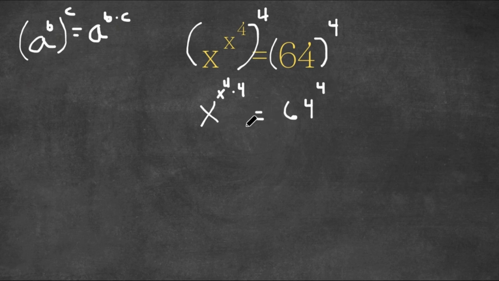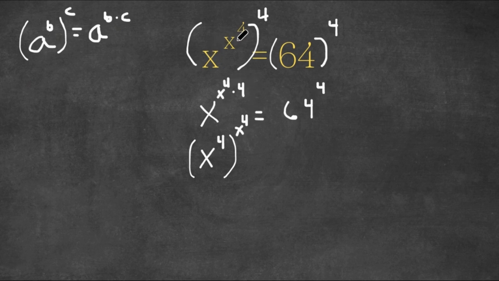Now, what I'm going to do is switch this so that it's in the form x to the power of 4 to the power of x to the power of 4. As you can see, all I did was switch the order.